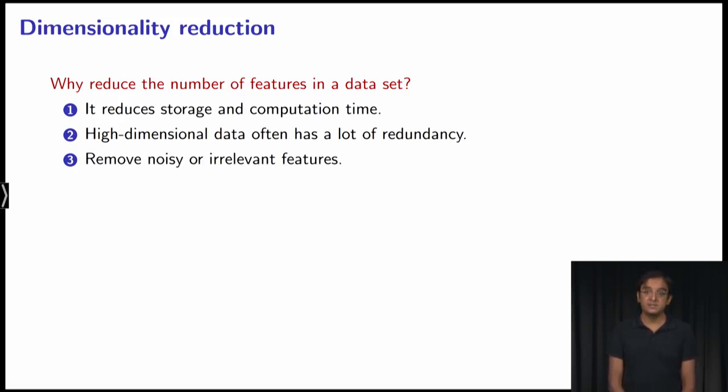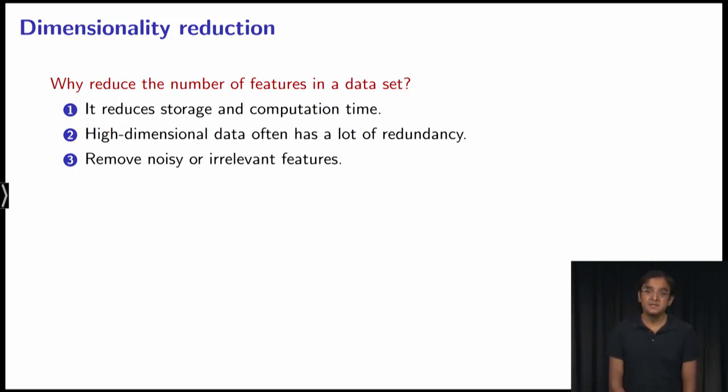Second, high-dimensional data often has a lot of redundancy in it. So for instance, in gene expression analysis, there are often groups of genes that act together as a unit that are co-expressed. Do we really need separate features for each of them? Or is it possible to combine them into a single group feature?